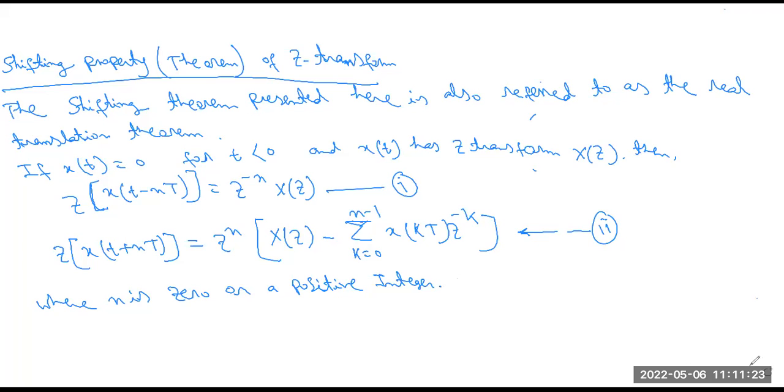Okay, so now we have to prove these equations. First we have to prove equation number one, that is Z of x(t minus nT) is equal to z to the power minus n X(z).